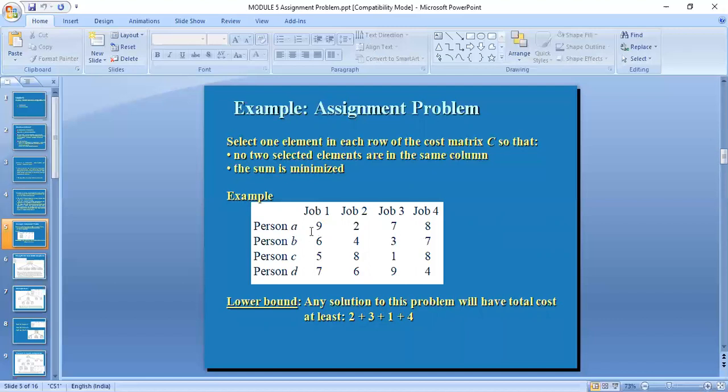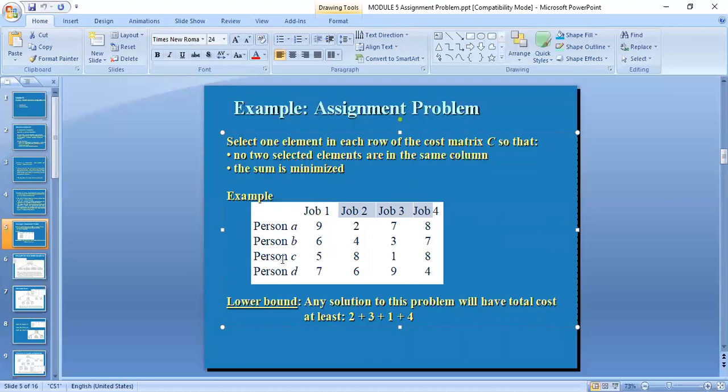So once job 1 is assigned to person A, then for person B, you will be left with only 3 jobs. If you assign person B with job 2, then person C will be left with only 2 jobs. Now, if you assign person C with job 3, then person D will be left with only 1 job.